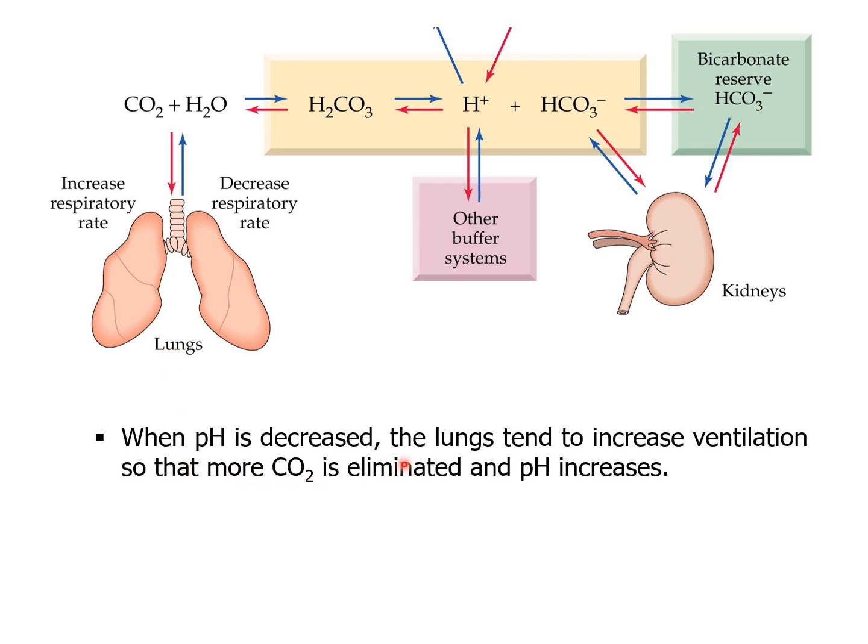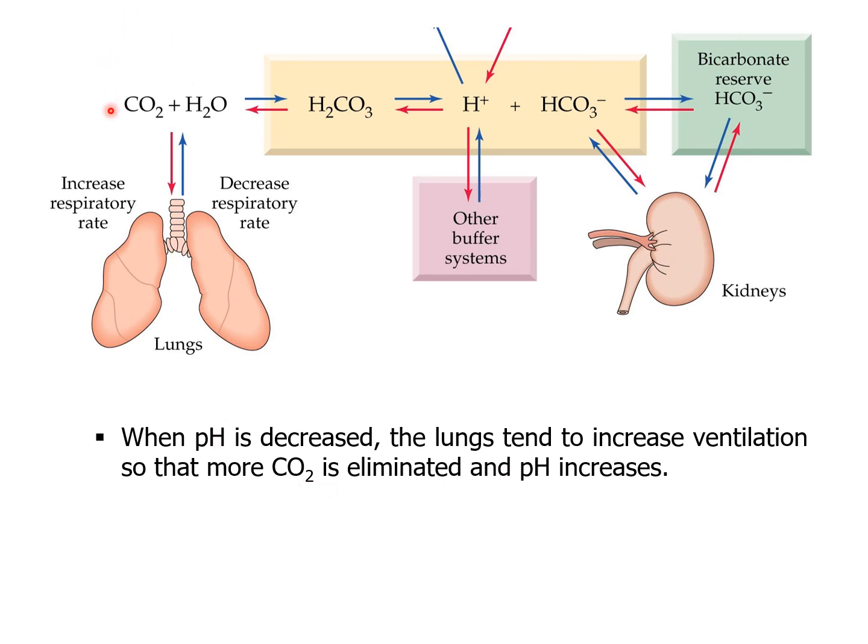When the pH of the blood is decreased, the lungs would tend to compensate by increasing ventilation so that more carbon dioxide is eliminated and the pH increases. When we say the pH is decreased, there is acidosis. When there is acidosis, the lungs will tend to compensate, and that compensation is via the elimination of the carbon dioxide.